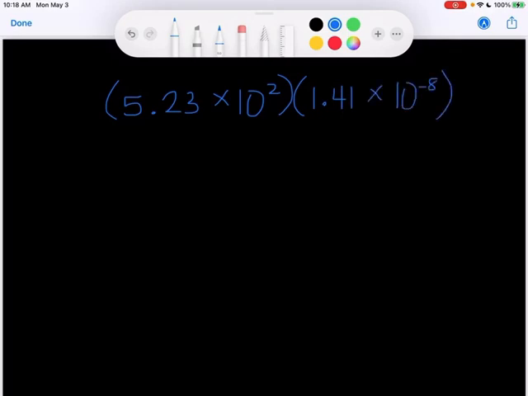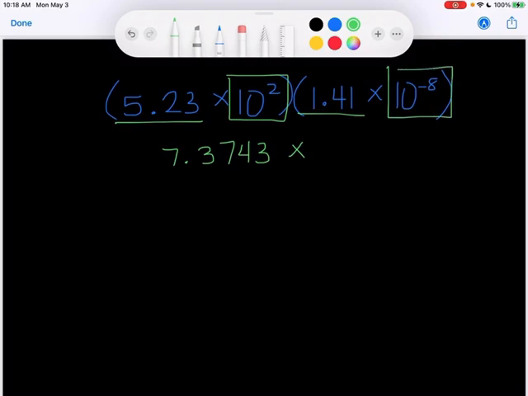Now, remember I said these numbers are like your coefficients. So just like with exponent rules, coefficients get multiplied. So we're going to multiply 5.23 times 1.41, which gives me 7.3743 times, now with these, just like with exponent rules, you keep your base, so 10 is the base, and you add your exponents.